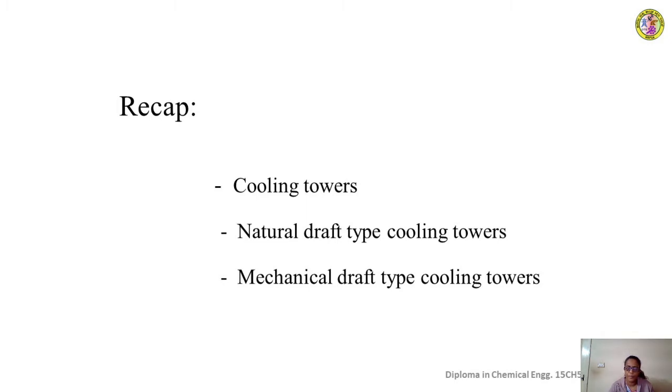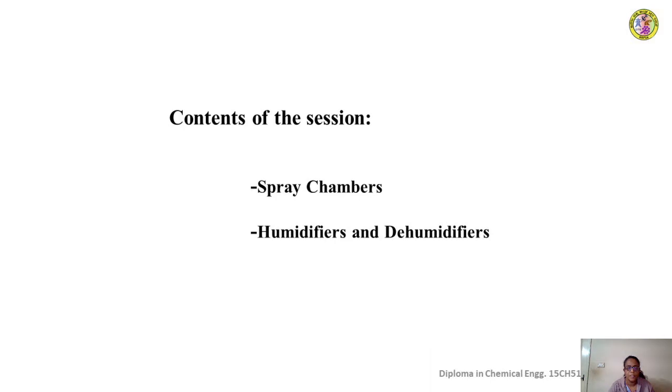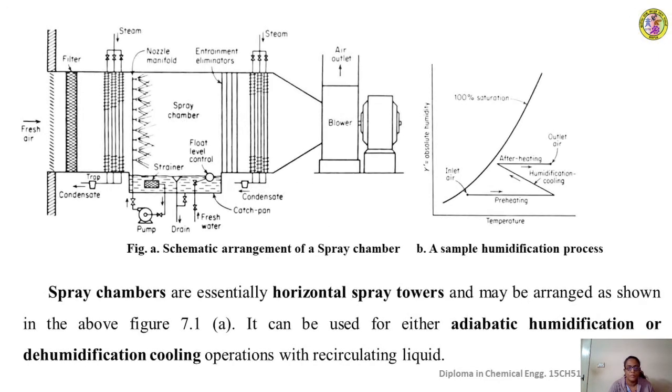So today we'll take up another kind of humidification equipment, the spray chamber, and also we'll discuss about some of the humidifiers. The spray chamber is a humidification equipment that is used in industries to adiabatically humidify or dehumidify a gas.